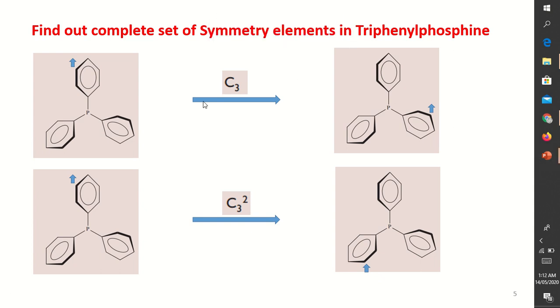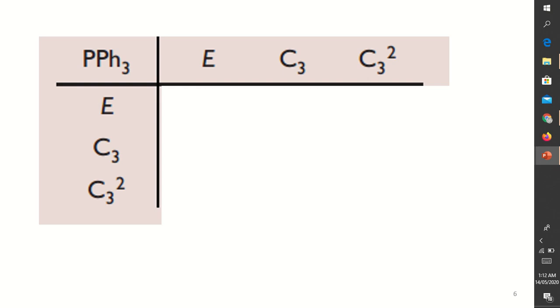On the basis of this interpretation of symmetry operations and the products of the symmetry operations, we are now able to construct the correct multiplication table for triphenylphosphine. So let's talk about the construction of the triphenylphosphine multiplication table. PPh3 is the sign for triphenylphosphine, and here are the symmetry elements: identity, C3 and C3 twice.